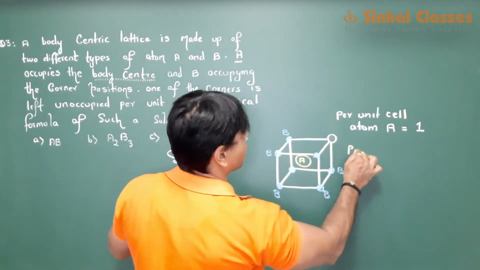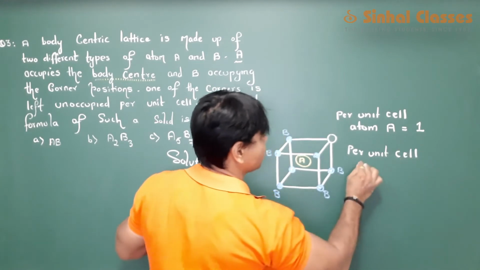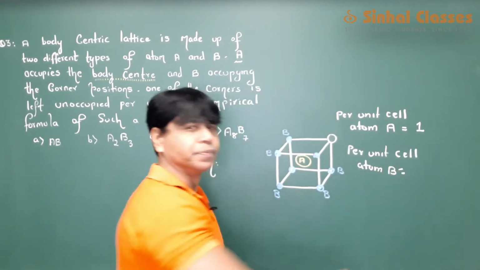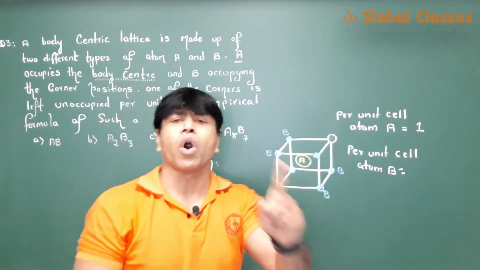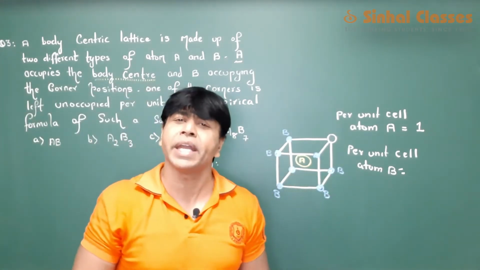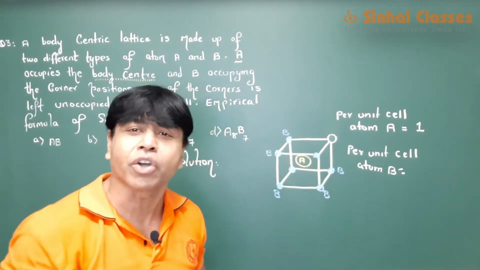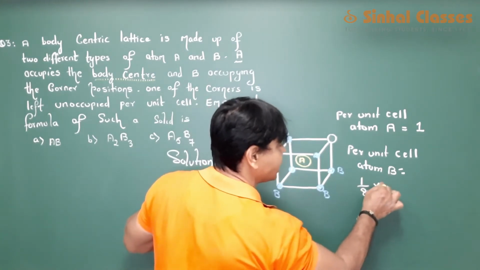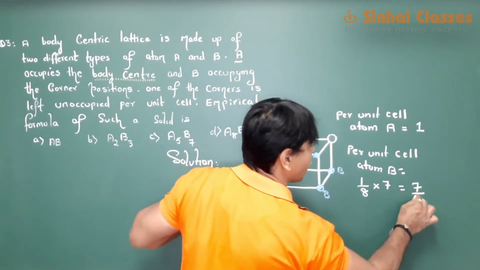Now, per unit cell atom B will be equal to, we all know corner contribution is 1/8, and there are total 7 B atoms at the corners. So total contribution will be 1/8 into 7, which will be 7 upon 8.